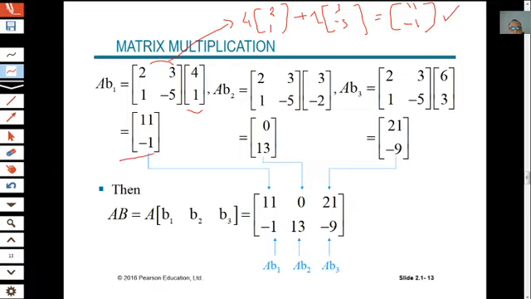Therefore we obtain this. Similarly you can obtain the other products. So the columns of the product of the two matrices will be like this: 11, minus 1, 0, 13, 21, minus 9. Okay, separately we find the columns of the product of the matrices given in the example, and we find the multiplication of them.